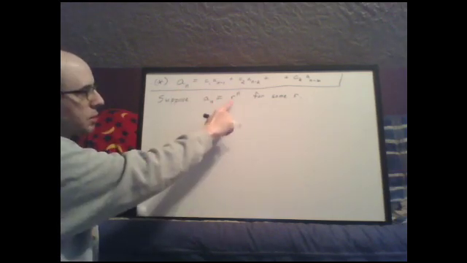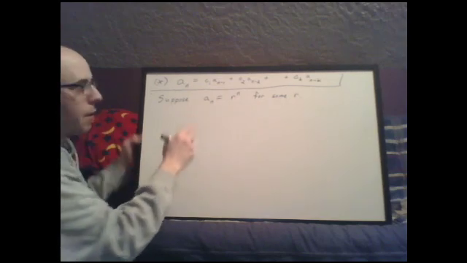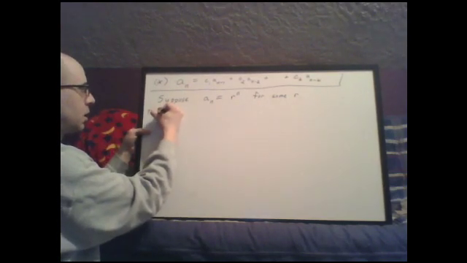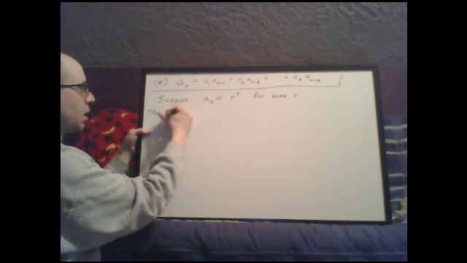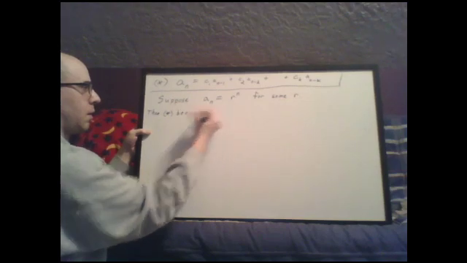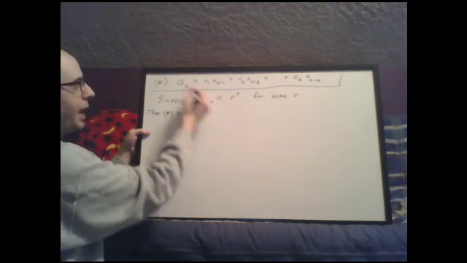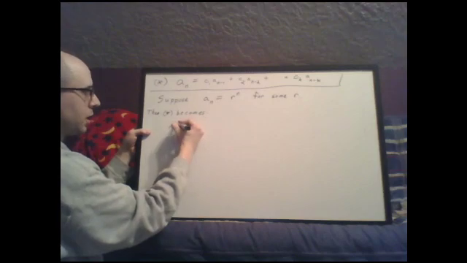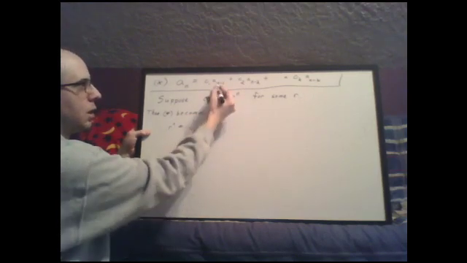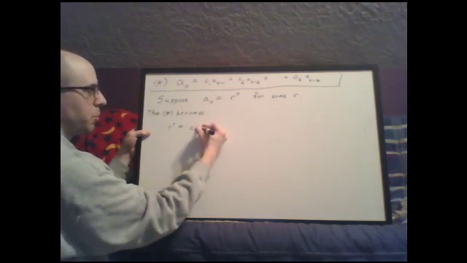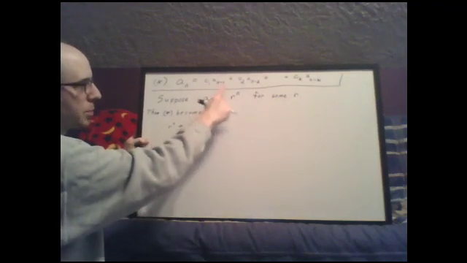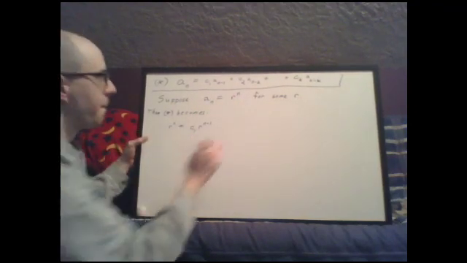Well, let's plug this function in place of the a's now. Then star becomes a_n is r^n. r^n equals c_1 times a_{n-1}, which will become r^{n-1}, because remember, whatever the subscript is, that's what I'm plugging in place of n.